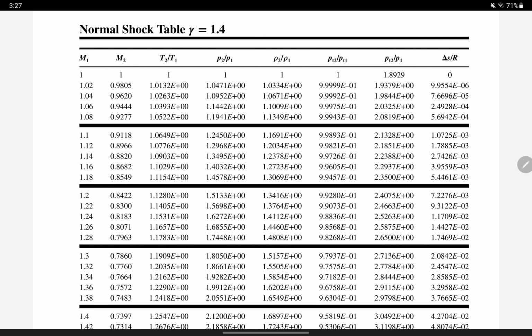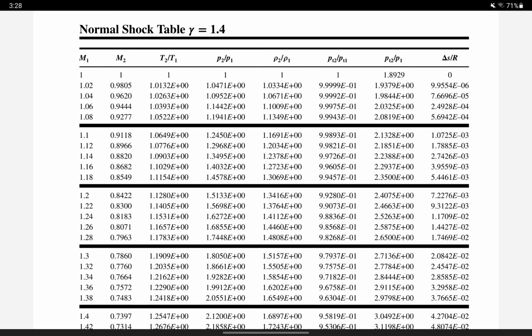Okay, and the pressure ratios are the things that we are really interested in. We want to find the stagnation pressure at the pitot tube, right? So we have P1, then we want to calculate the stagnation pressure at the pitot tube.